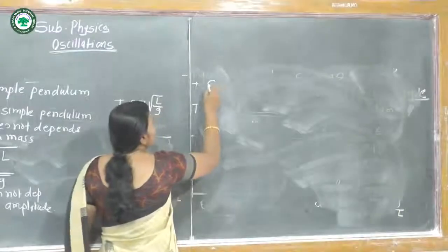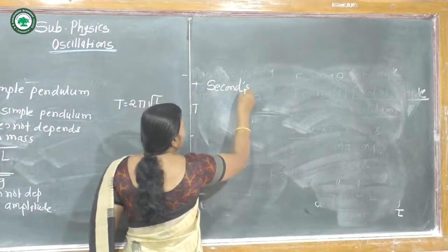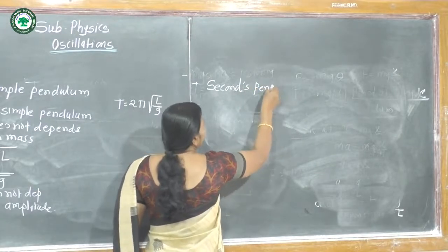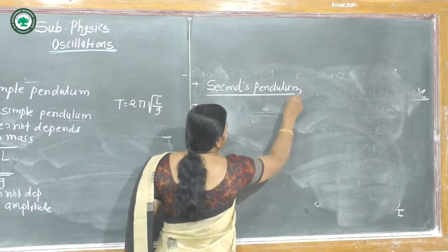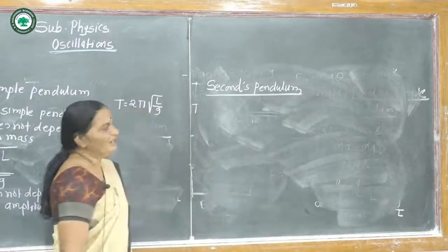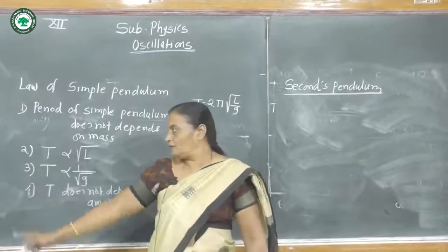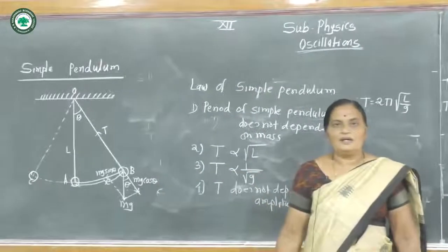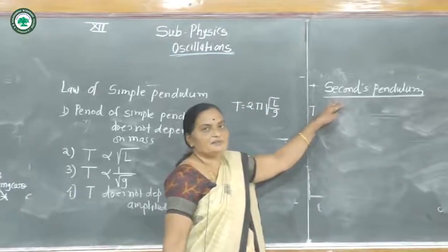Next topic, seconds pendulum. The definition of seconds pendulum: a simple pendulum having a period of 2 seconds is called a seconds pendulum.